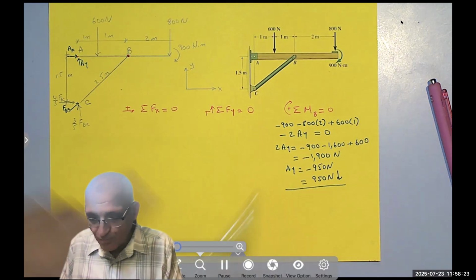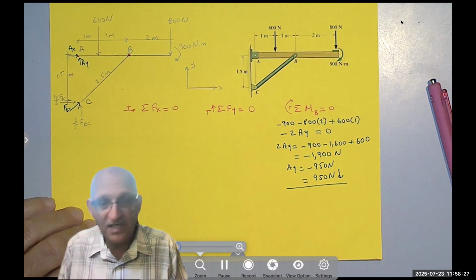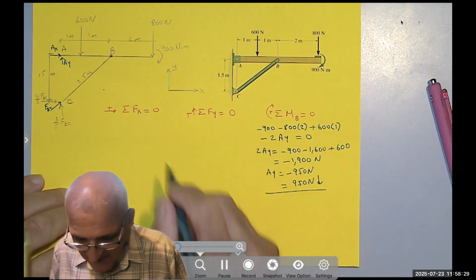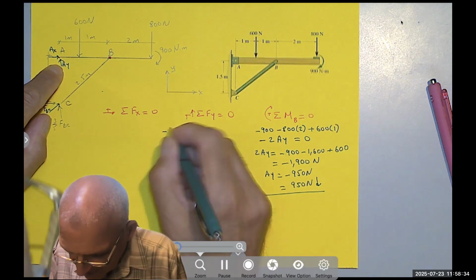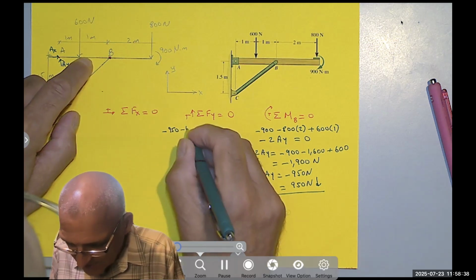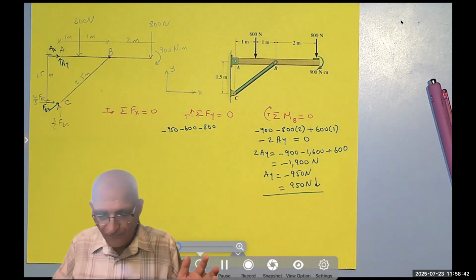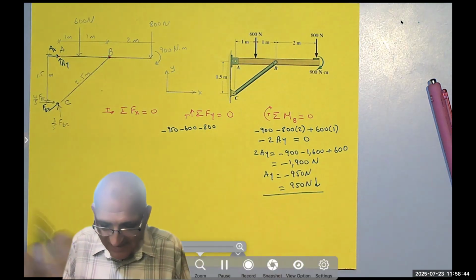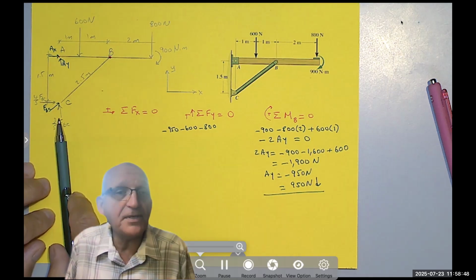So now I'm going to move to the Y direction. Why? Because the only unknown now would be FBC. In this case, I would say AY, which is negative 950 because it's going down, minus 600, minus 800. These are all the forces going down. But then I have 3/5 FBC going up.